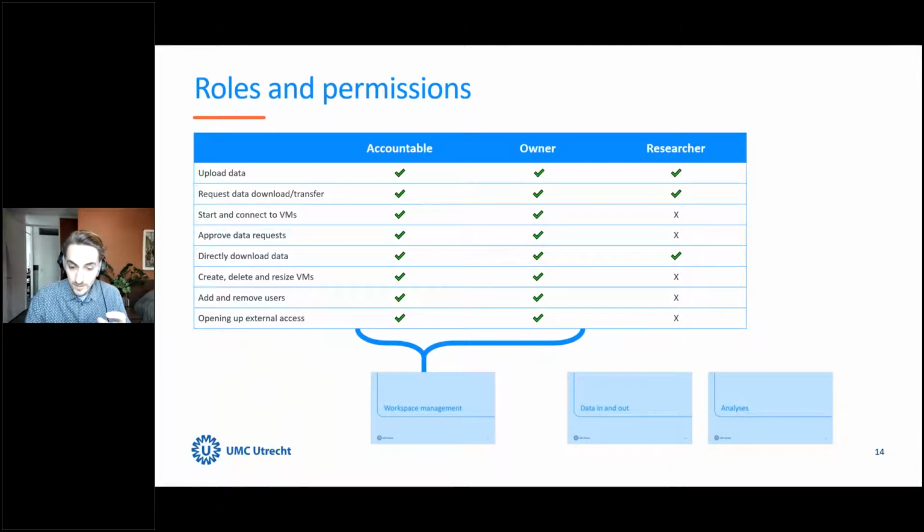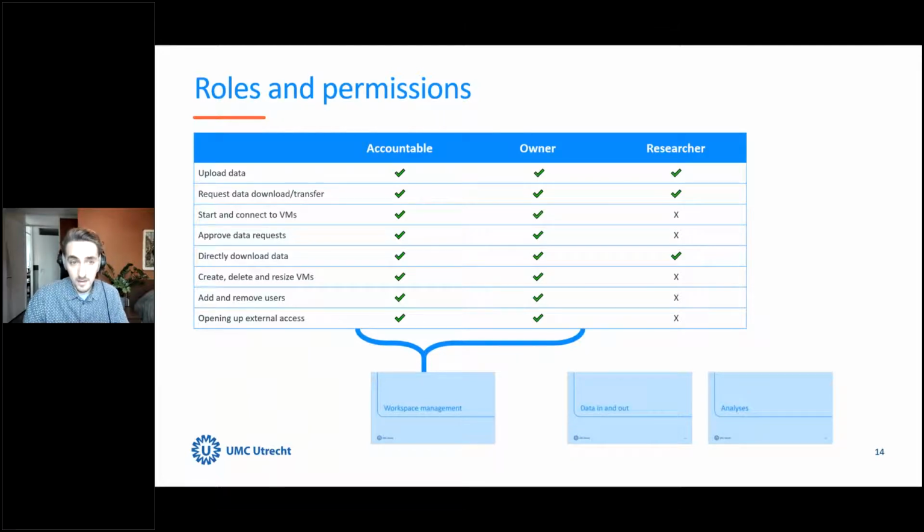So during the workspace life cycle, during the use of a workspace, there are some tasks that can and need to be performed. And it depends on which role you have, on which task you should do.